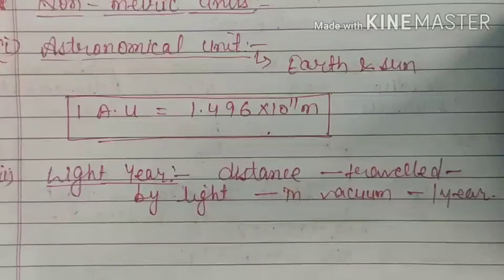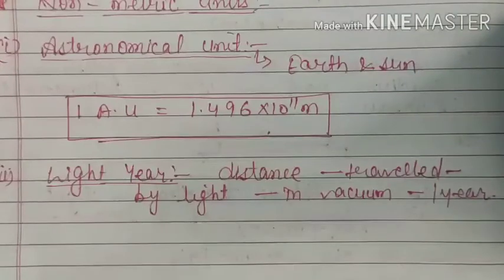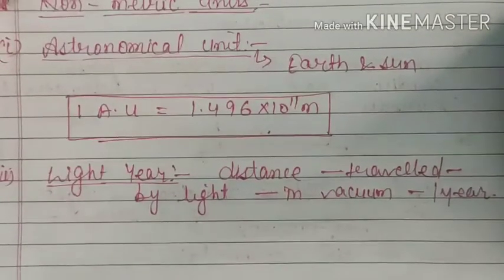So obviously the speed of light will not be exactly the same in vacuum and air, but approximately it is, because there is not much variation. So sometimes, not only in this chapter but in other chapters also, you may get the words vacuum and air together. So please make it clear.